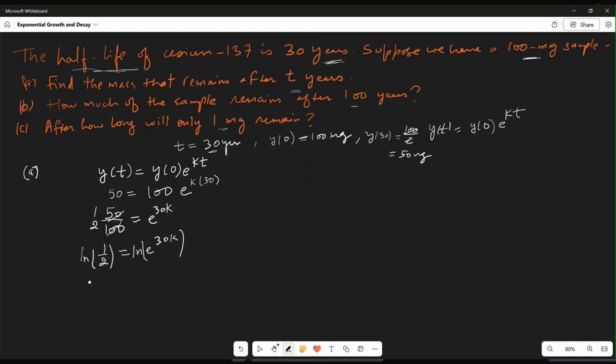So we have natural log 1 over 2 is equal to 30k, and solving for k, this gets divided here.